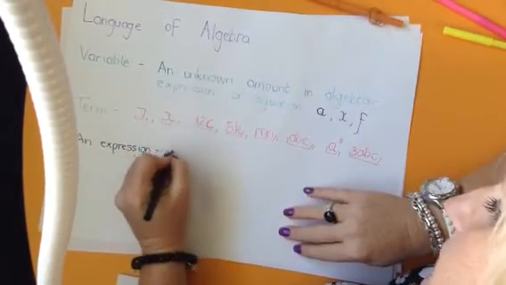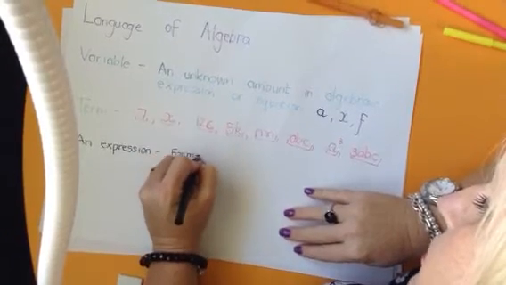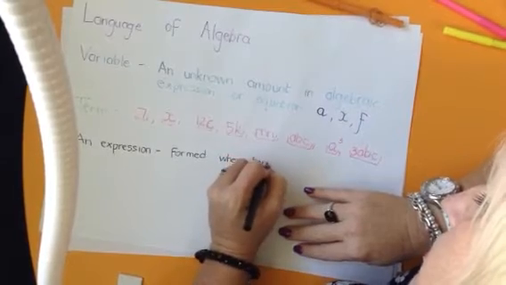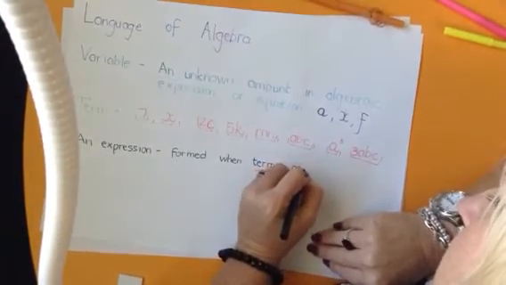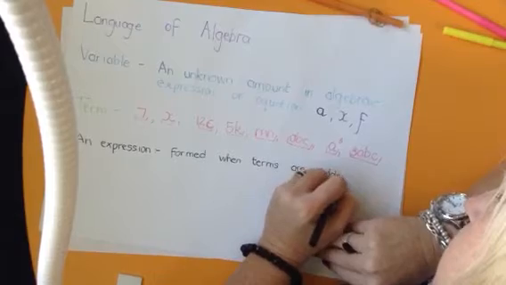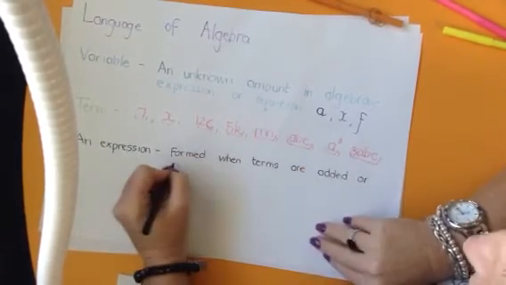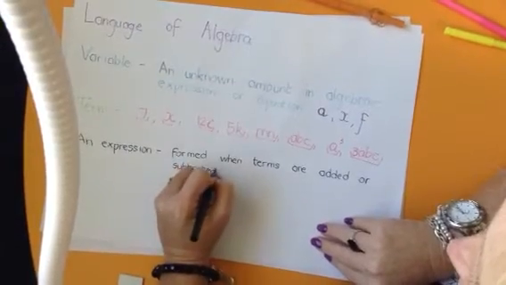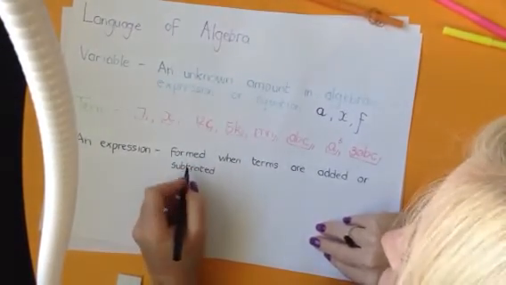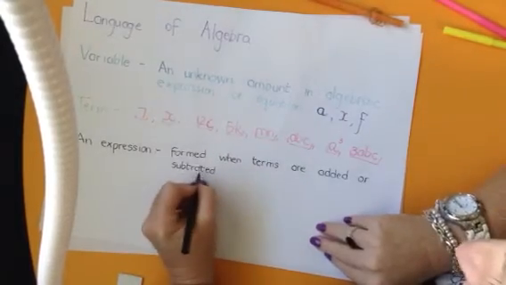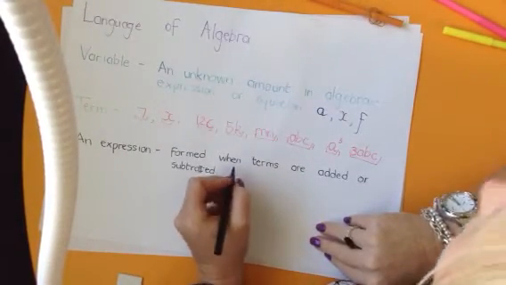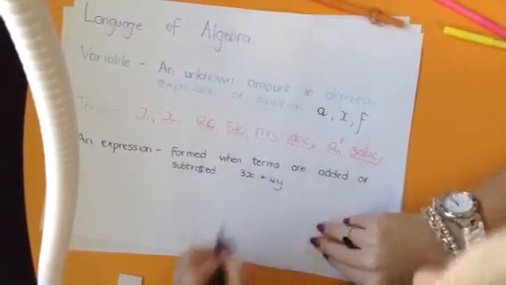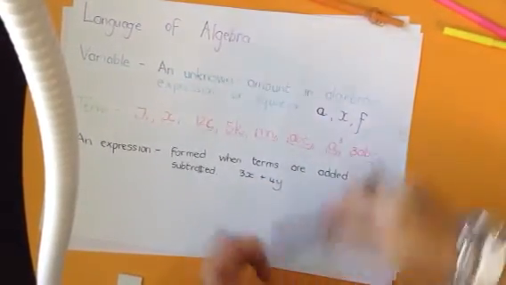So we can say formed when terms are added or subtracted, and you're looking there at 3x plus 4y. That would be an example of an expression.